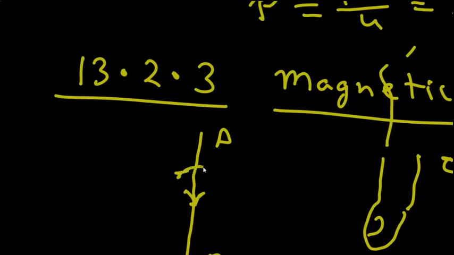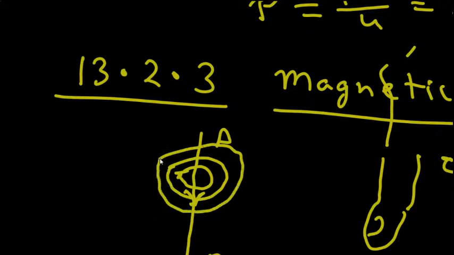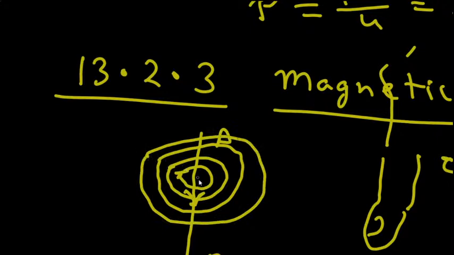Which means I'll have circular field lines like this. We know that we get circular, concentric field lines wherein the conductor is at its center.